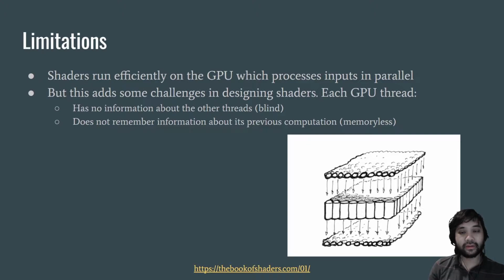This may seem difficult at first to overcome because in everyday programming, you're able to access any variable or store values in memory and access those to perform your tasks. But in shader programming, these are two important limitations that will change the way that you think about problems and how to solve them.